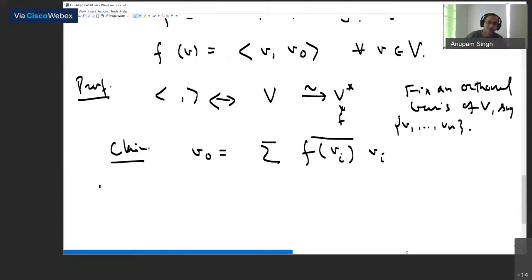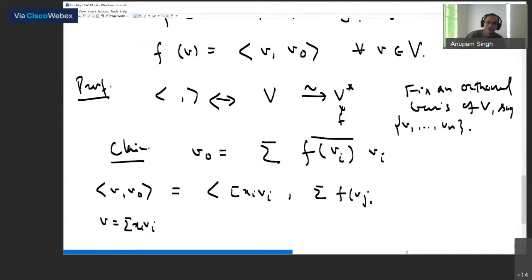To check that, we compute the inner product of v with v naught, and we'll verify that it is actually going to be f of v. Since I'm using coordinates, I will write v also in coordinates. So let's say v is the summation over xi vi. Then this will become summation xi vi here, and v naught is the summation over f of vj bar vj. Just for changing the variables, I'll say this one is vj.